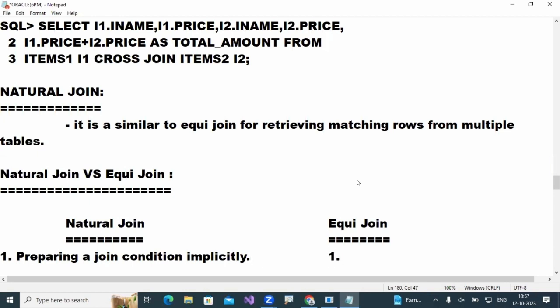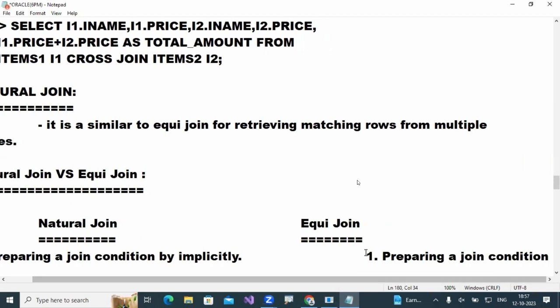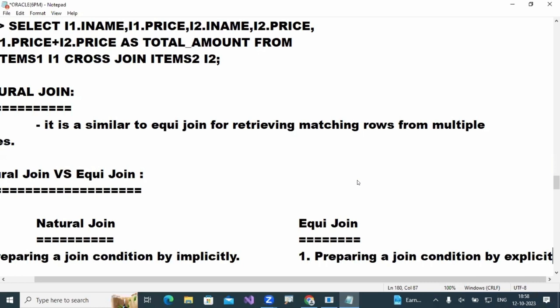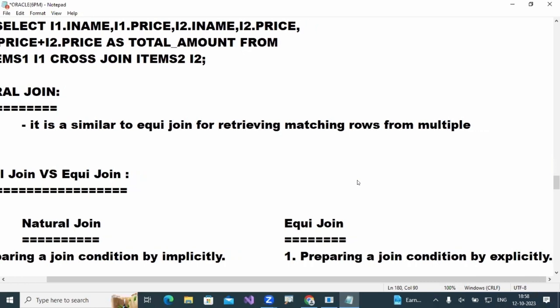And here, preparing a join condition explicitly. Explicit means user defined. This is the first point.